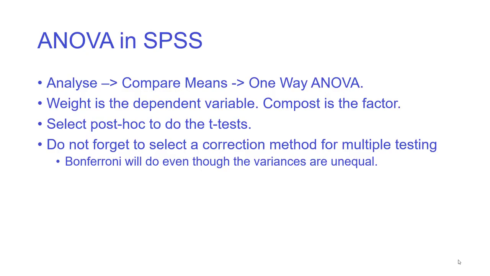Weight is the dependent variable, compost is the factor, and you select Post Hoc, which allows you to do t-tests. You then have to click on a correction criterion to deal with the fact that you're not doing one t-test, you're doing many different t-tests. So usually we click on something called Bonferroni, and that makes sure that it deals with multiple test correction, which we'll come to in a second.